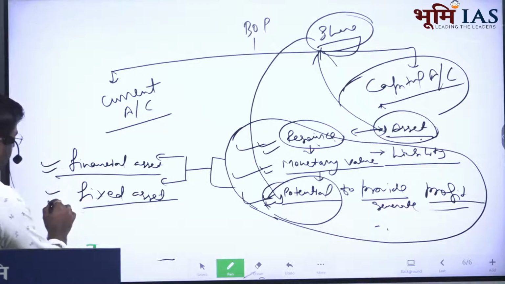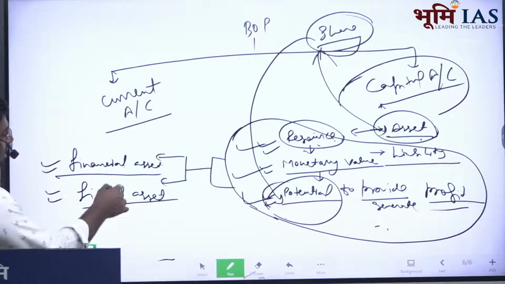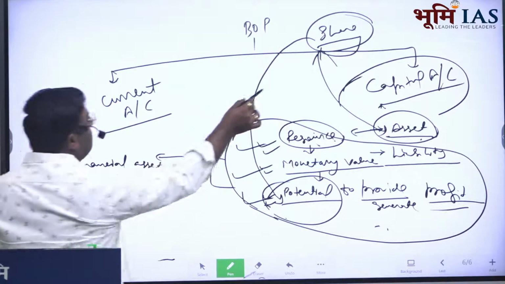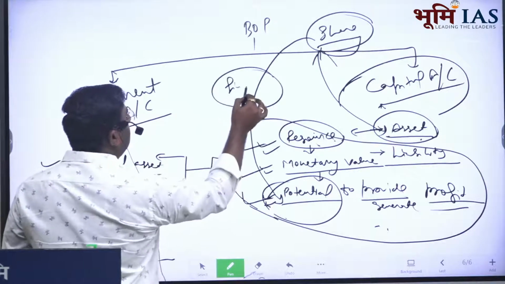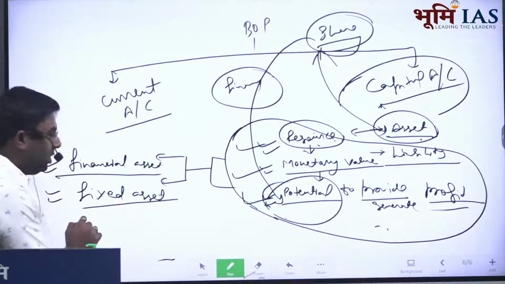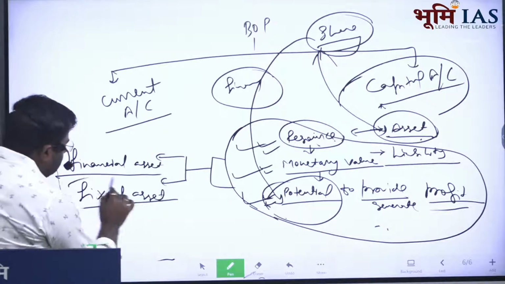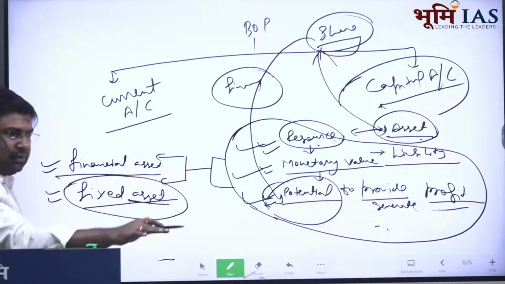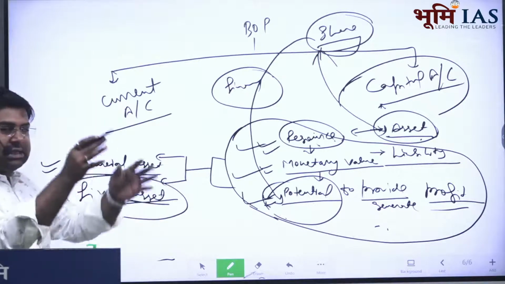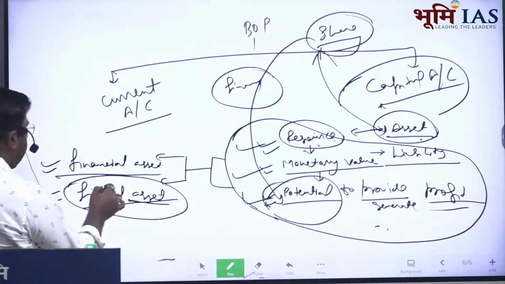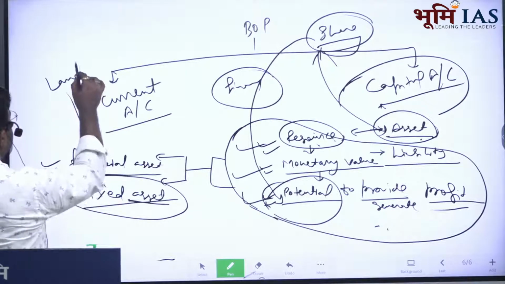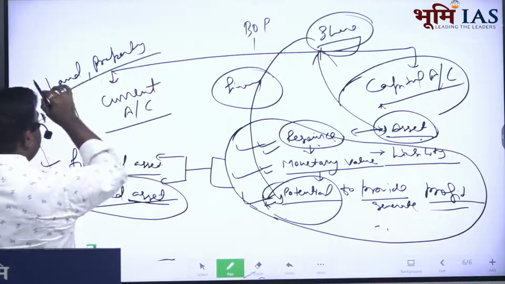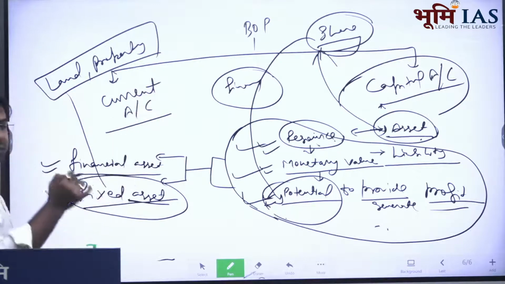I mentioned these two categories because understanding them shall help you understand the concept of financial account. Look, fixed asset means those assets which are physically fixed, whose physical presence is fixed. For example, land, any property. These are two examples of fixed asset.